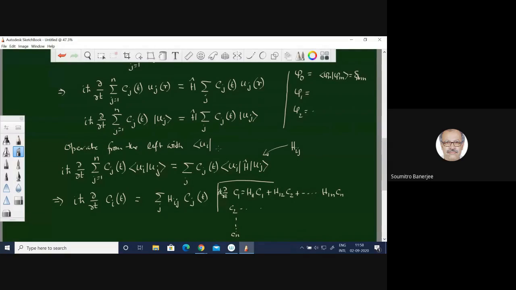But this is not the only choice of the basis that you can have. Like if you have a vector, you can express that in a basis like this. You can express that also in a basis like that. Nothing stops you from expressing it in this basis or in this one, or in this basis. Both are right.